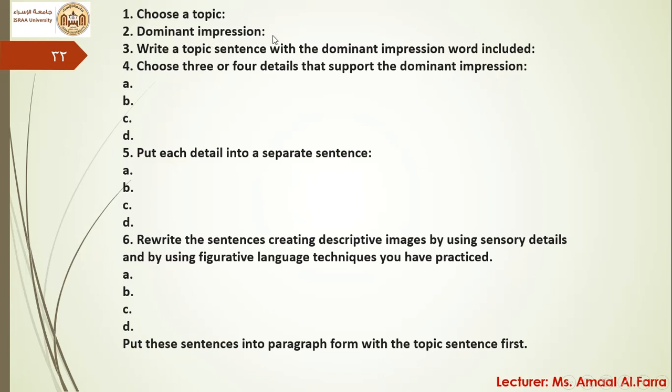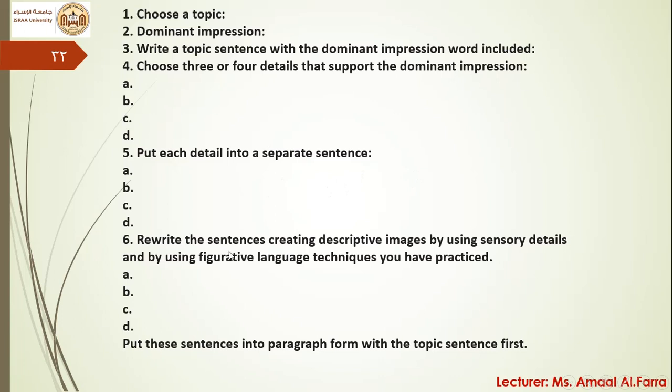Then you are going to write the dominant impression that you are going to use in the whole paragraph. After that, you can write the topic sentence, including the dominant impression. Then in step number 4, you can write a list of the details, like phrases or groups of words. And in step number 5, put each detail from the previous step in a separate sentence.